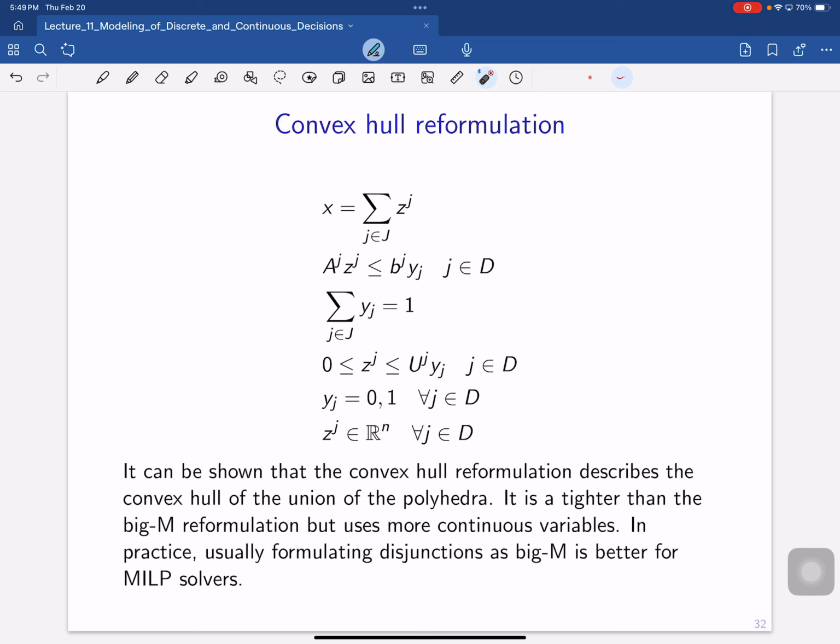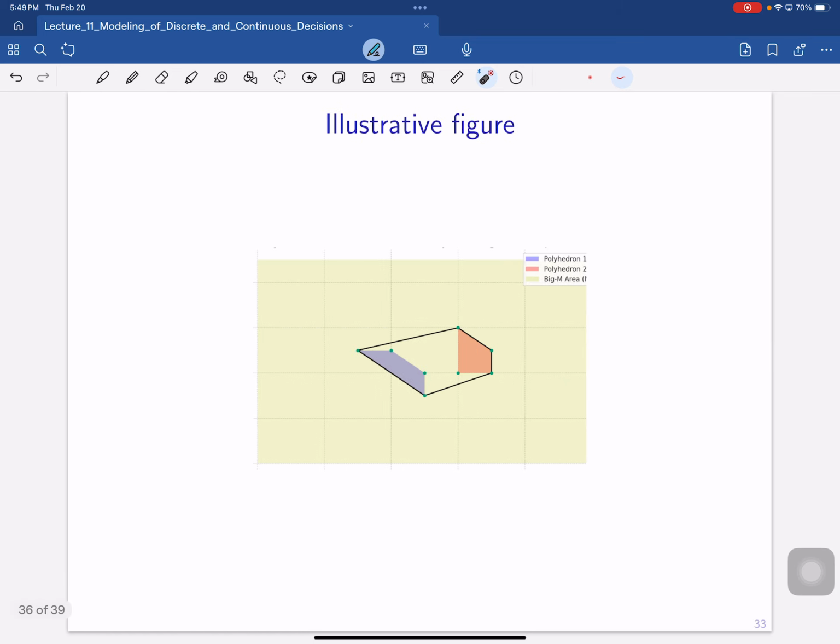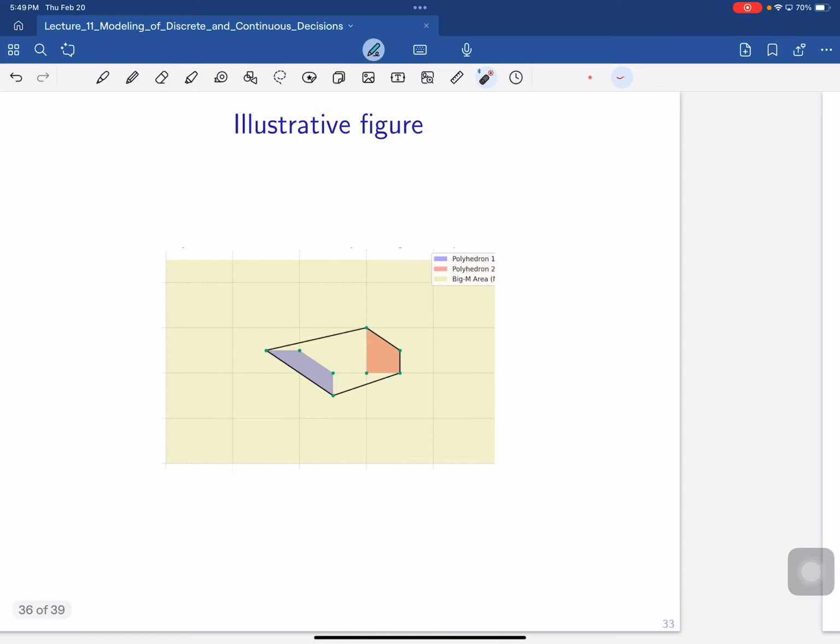So that's why I say this is not a free lunch, okay? Here I plotted the big M relaxation and the convex hull relaxation. If you relax a binary variable in big M, you could get a feasible region that is as large as this. It is a weaker reformulation than the convex hull reformulation.